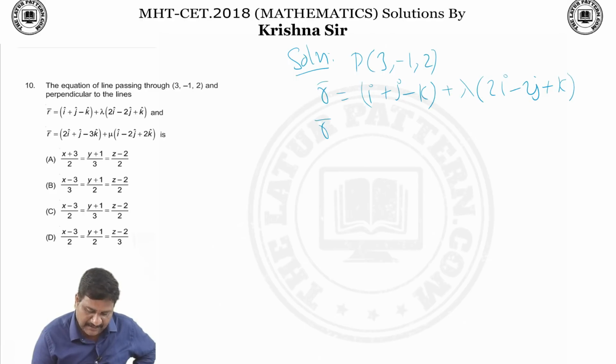The second line is r bar equal to 2i plus j minus 3k plus mu into i minus 2j plus 2k.